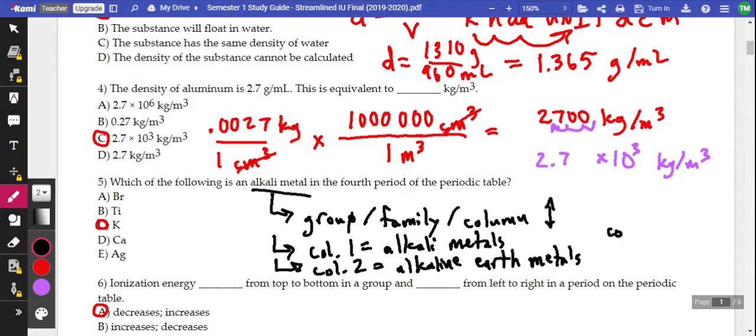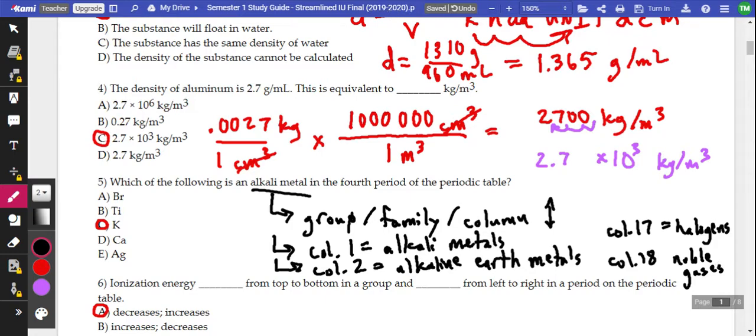Column 17 is called the halogens. And column 18 is called the noble gases. All right, those are the important ones to know.